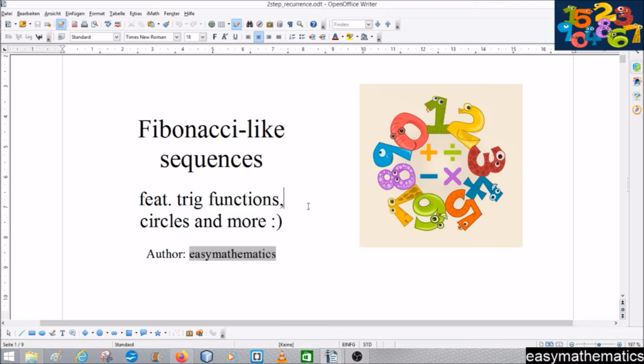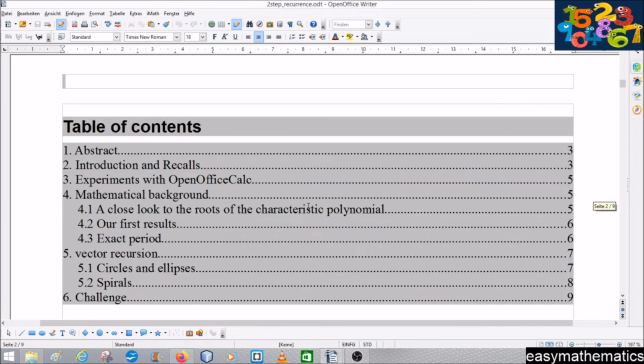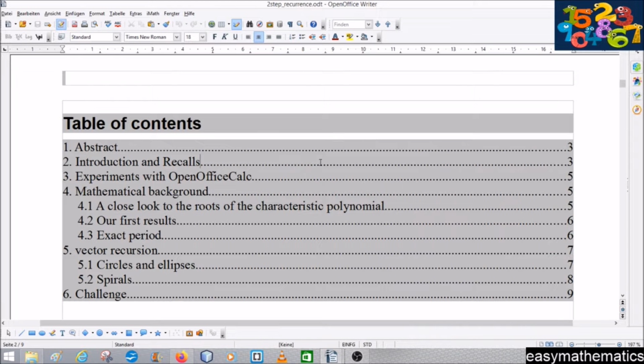Fibonacci-like sequences featuring trig functions, circles and more. So what is our plan? First, we introduce the problem and we make some recalls.